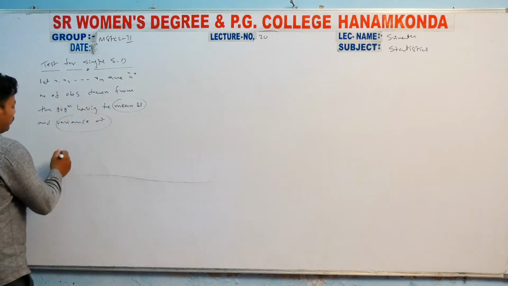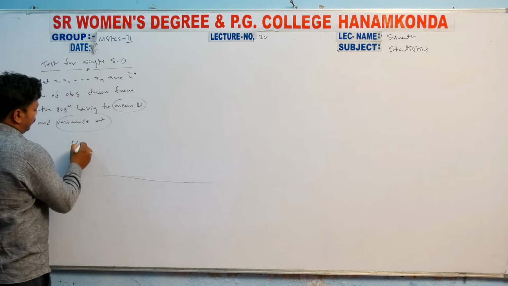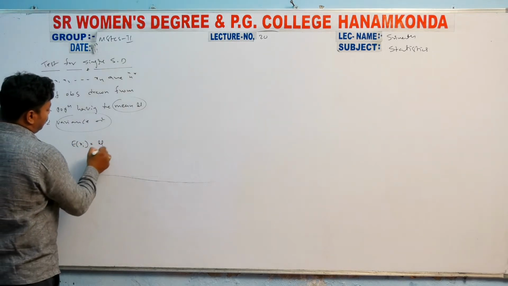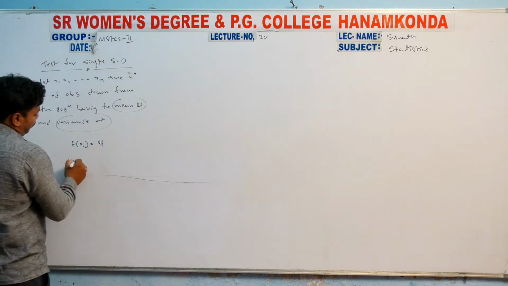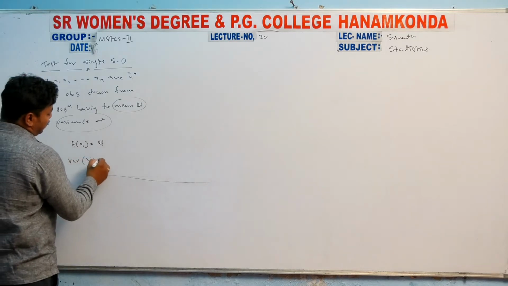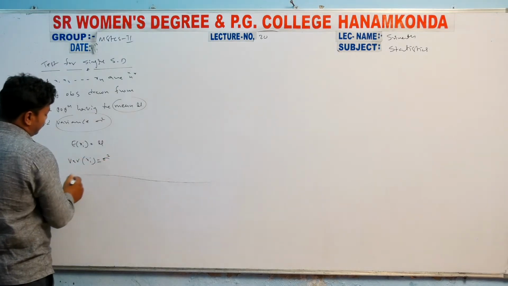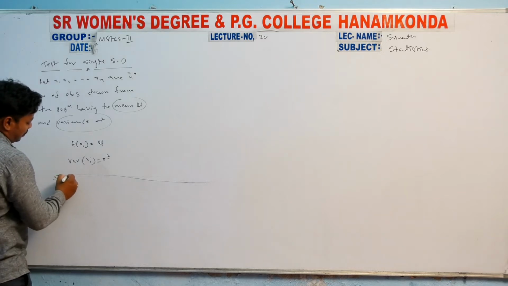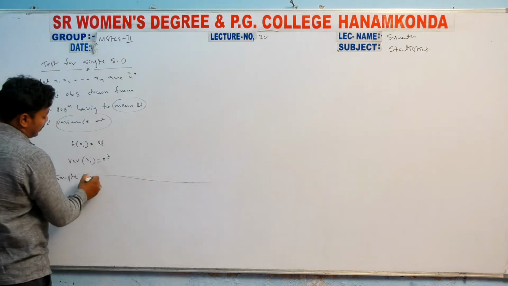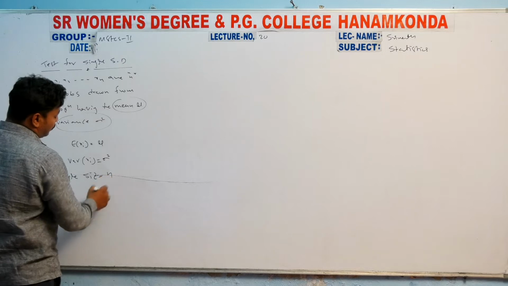So expectation of xi is equal to mu, variance of xi is equal to sigma square, and sample size is equal to small n.